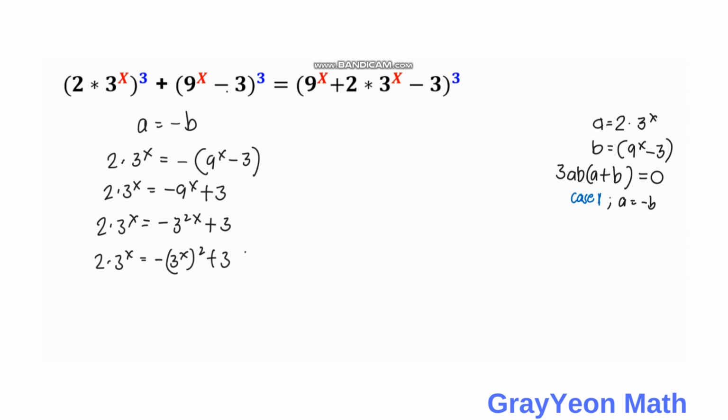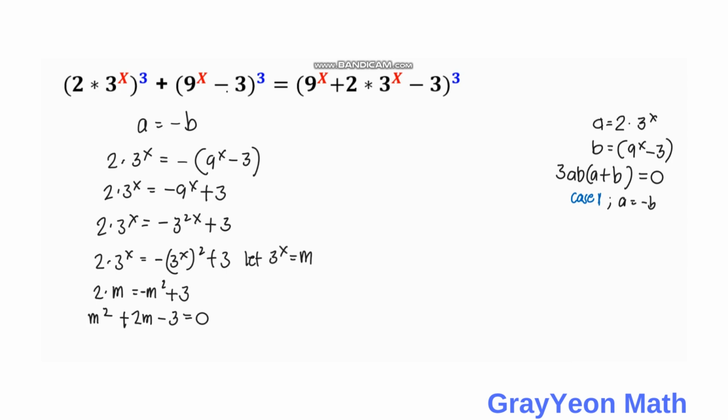If we let 3 raised to x be equal to m, then we have 2 times m equals negative m squared plus 3. Rearranging, we have m squared plus 2m minus 3 equals 0. And actually, we can solve this by factoring.